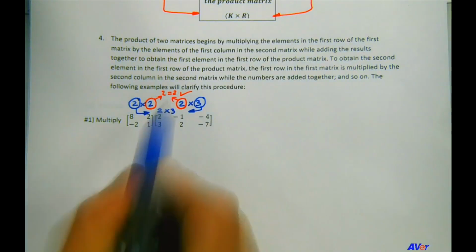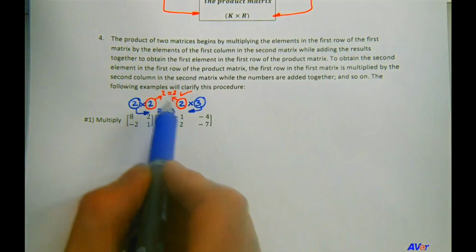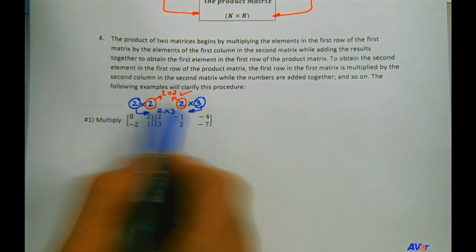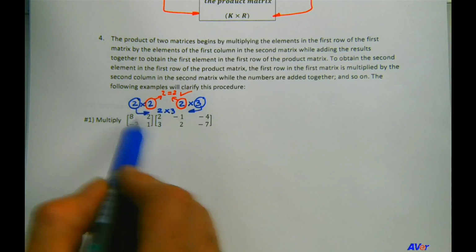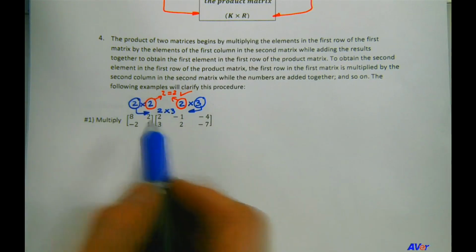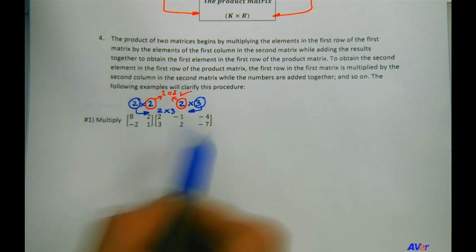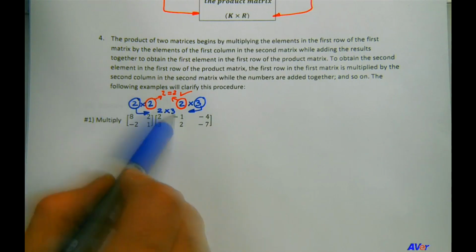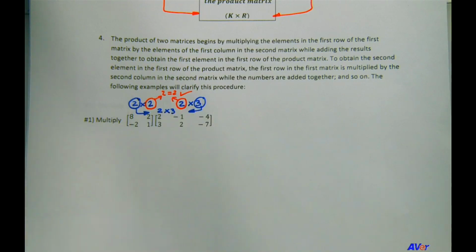Okay, so we perform the check very quickly, mentally, to make sure that these two matrices can be multiplied. If they can, then the size of the resultant matrix is going to be a 2 by 3 matrix. Okay, so we already know that.